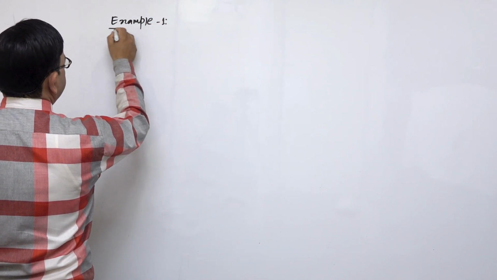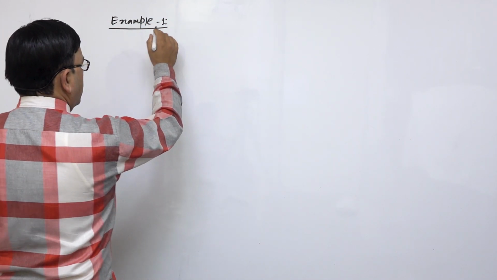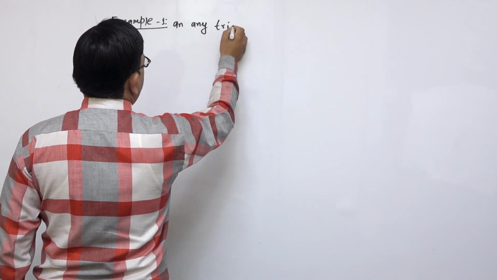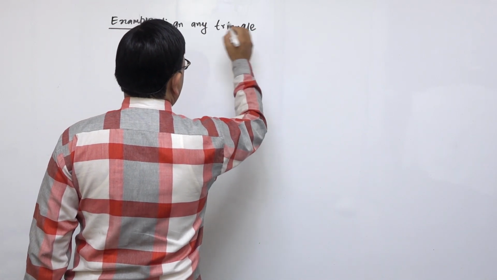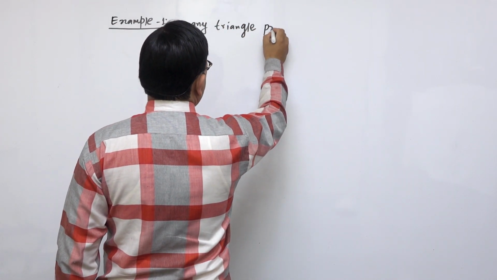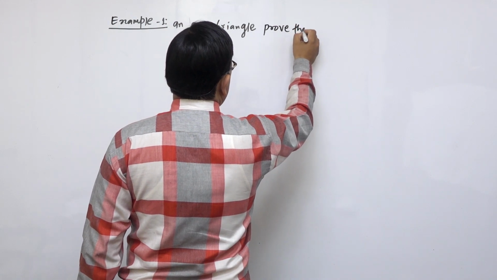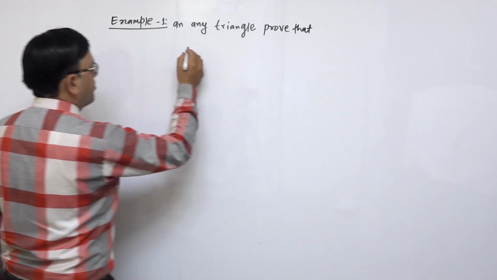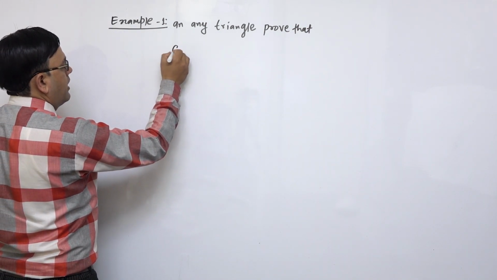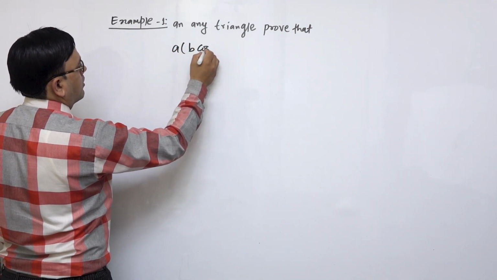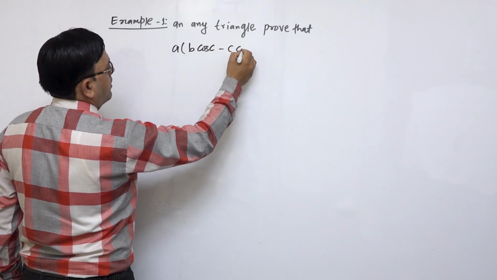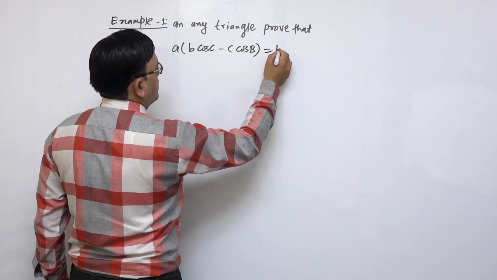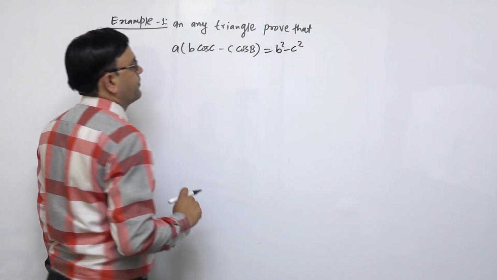In any triangle, prove that a(b cos C minus c cos B) is equal to b square minus c square.